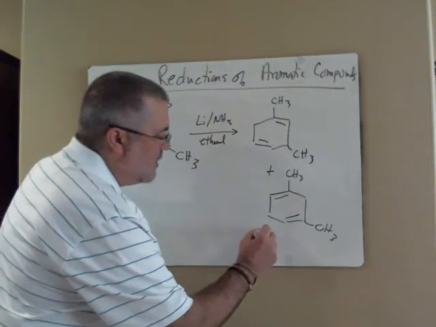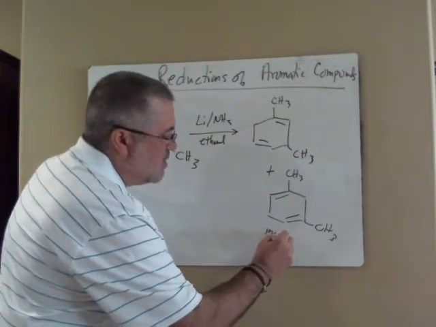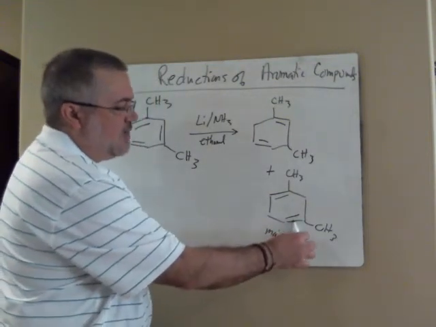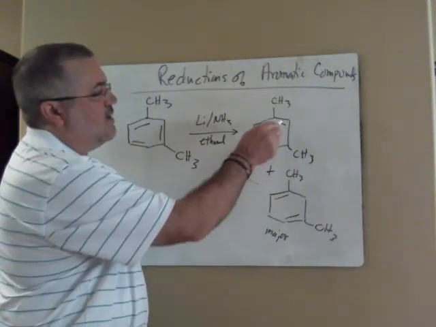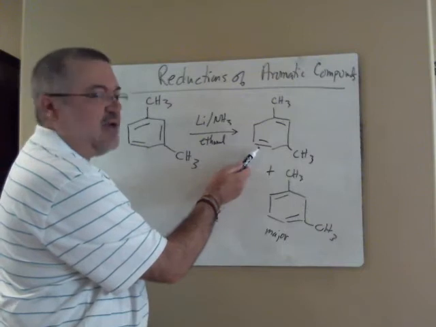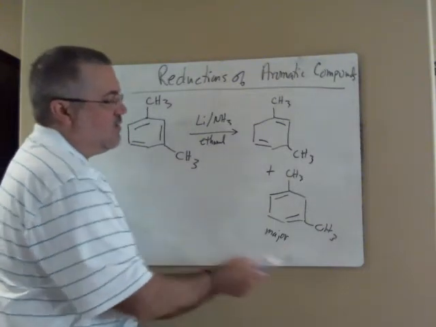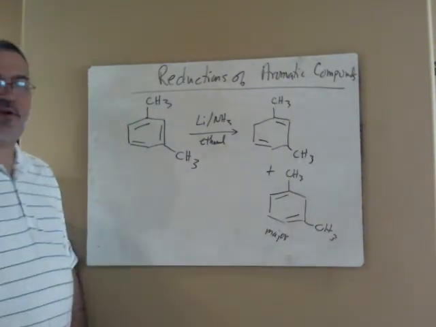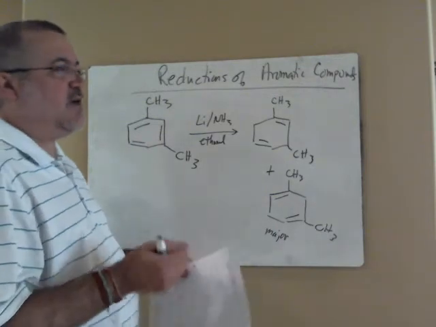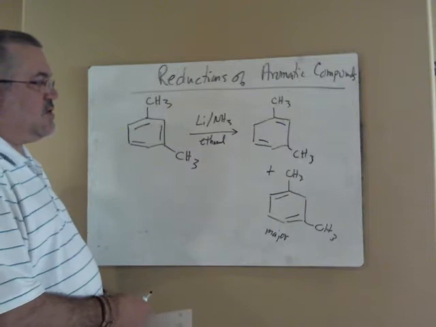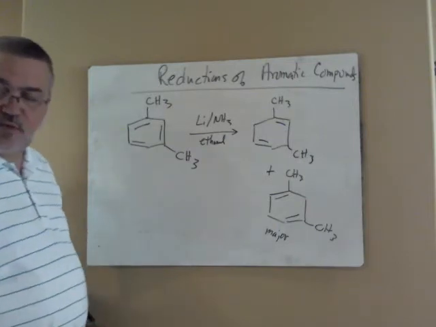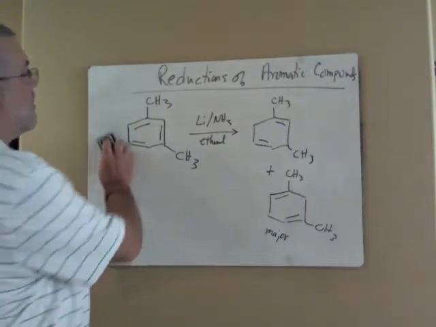Right, this one down here, because the double bond is tri-substituted, oops, di-substituted. So the double bonds in this one are more substituted. So again, the Birch reduction, you get a mixture of products. All you really do is look at which of the possible products has the more stable double bonds.